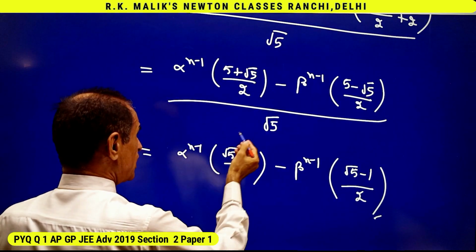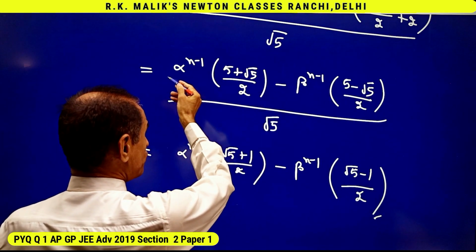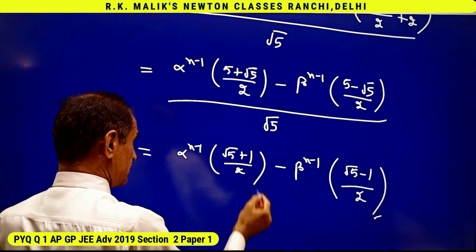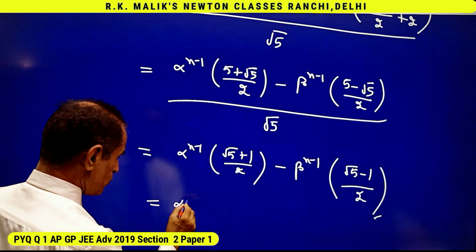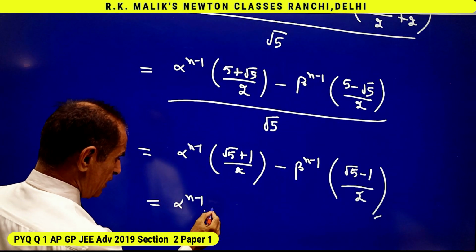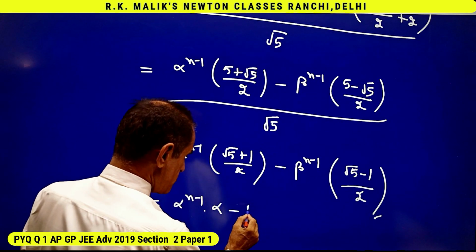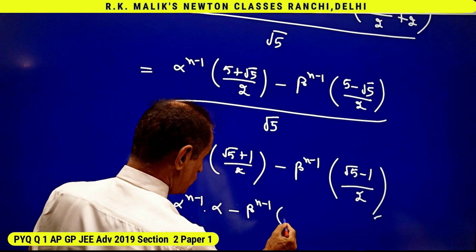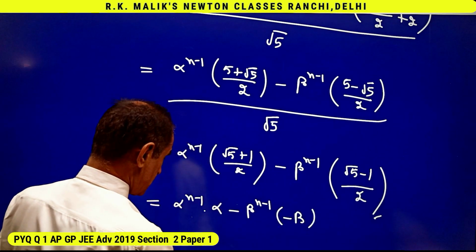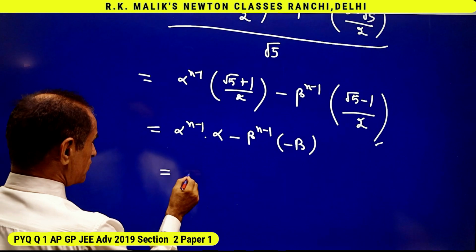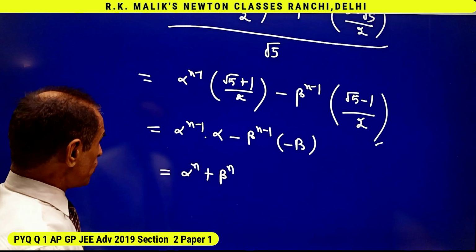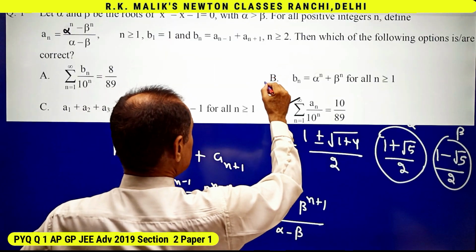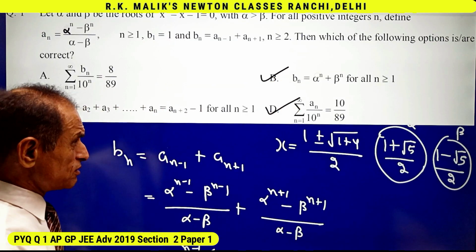And when I have taken √5 common from the numerator, this has got cancelled with √5. And I get now alpha to the power n minus 1 into alpha minus beta to the power n minus 1 into minus beta. That is, I get the answer alpha to the power n plus beta to the power n. Hence, I can say B is also a correct choice.